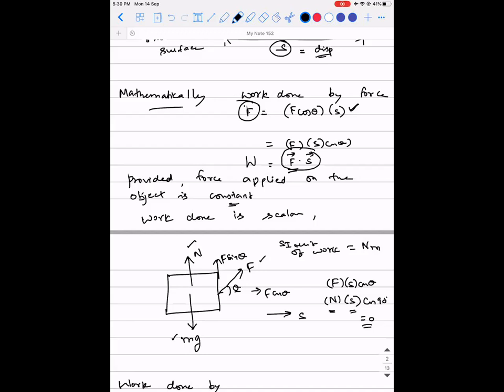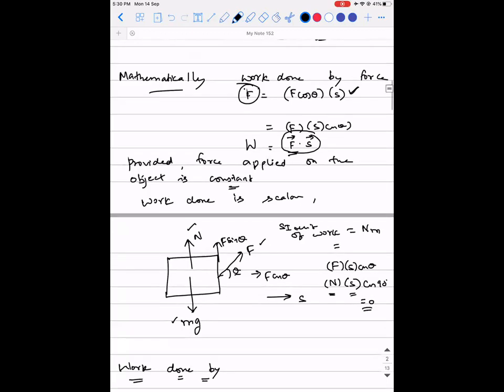One is work done, and the second is torque, which we will learn in the next chapter. In the case of work done, Newton meter is also called joule. You will see Newton meter somewhere else also, but for any quantity other than work done, you should not use joule.